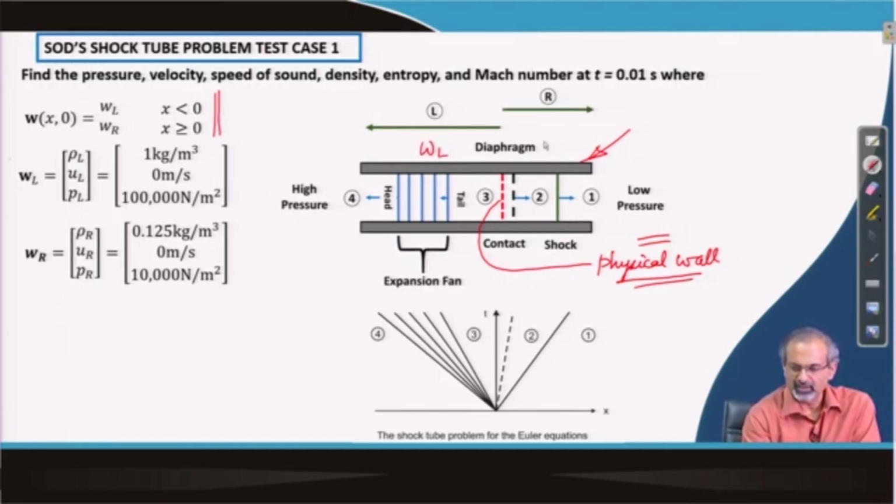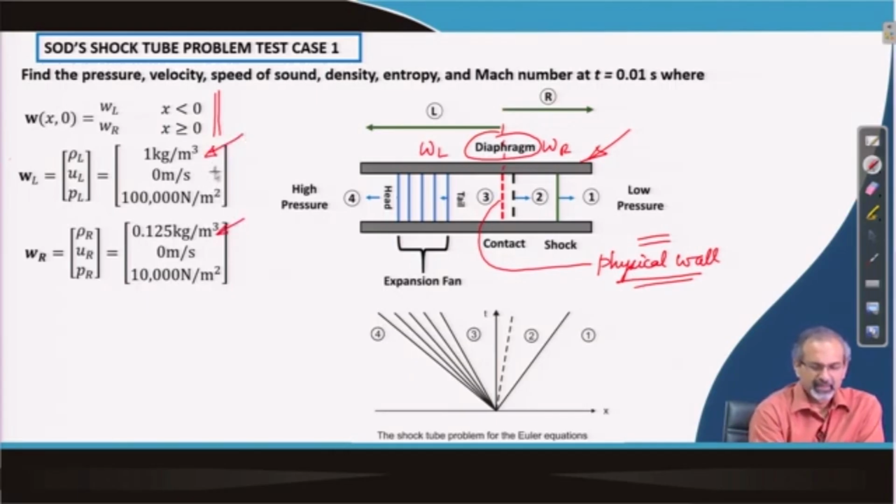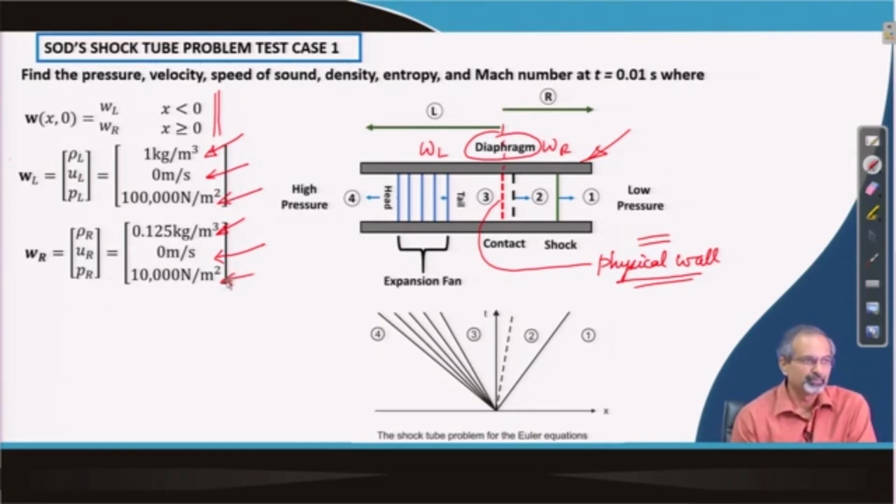So, this is W_L, this is W_R, this is the wall or the diaphragm. In the literature it is more often referred to as the diaphragm, which separates the two states. In the left region we have a slightly higher density than the right state, and the gas is stagnant both in the left and right region because of the barrier, and the pressure is significantly larger on the left side compared to the right side, it is 10 times more.